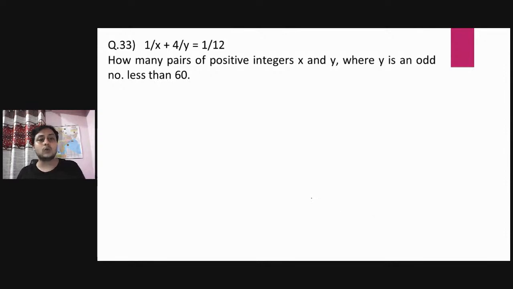How many pairs of positive integers x and y are possible? Basically, you have to find the number of solutions, where x and y belong to positive integers.